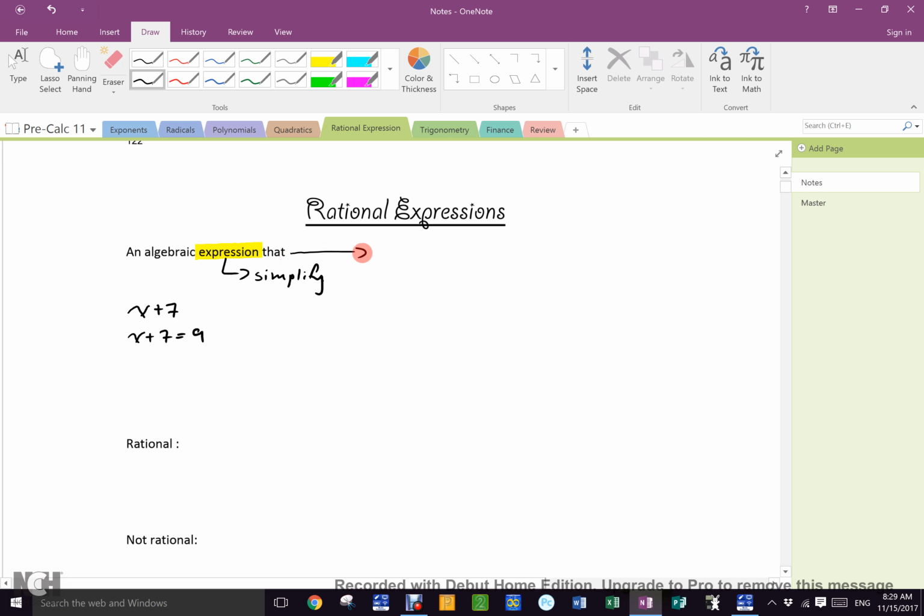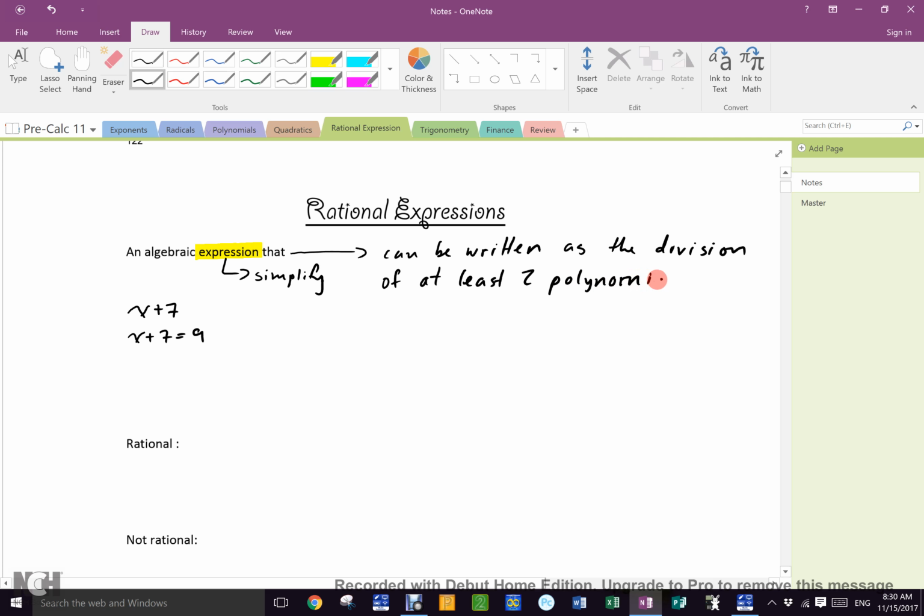And these expressions are any ones that can be written as the division of at least 2 polynomials.